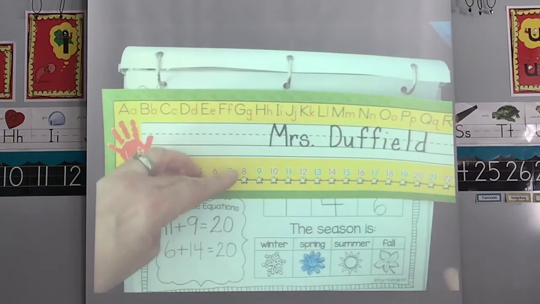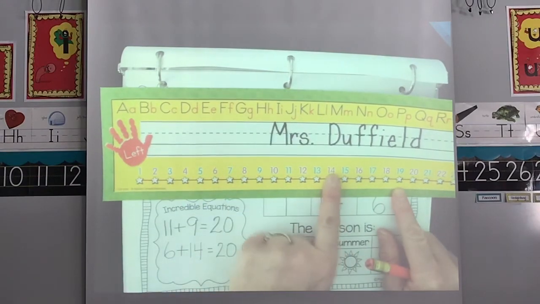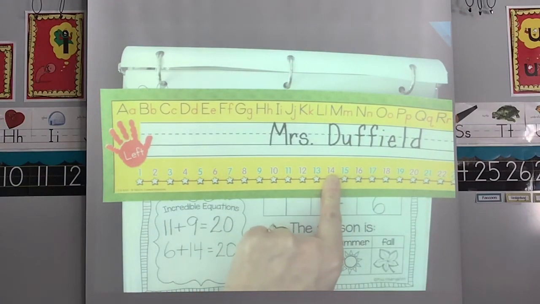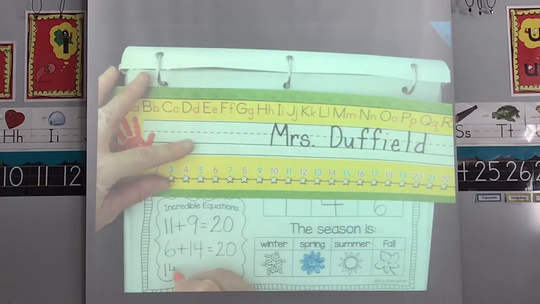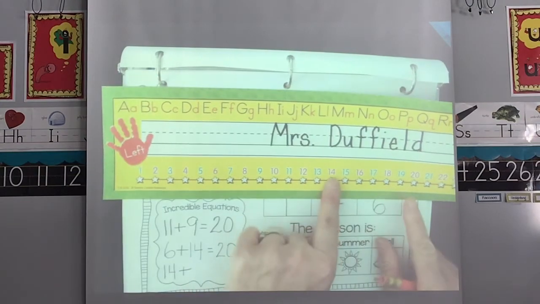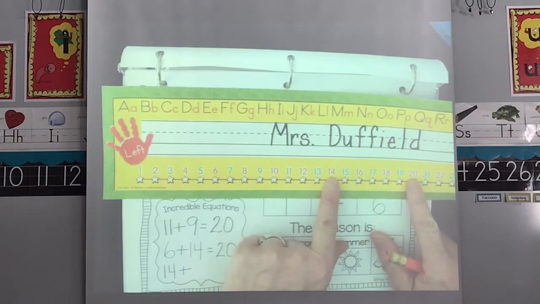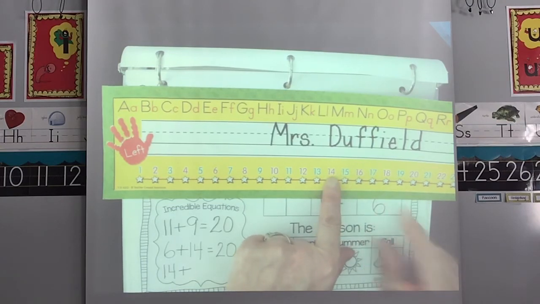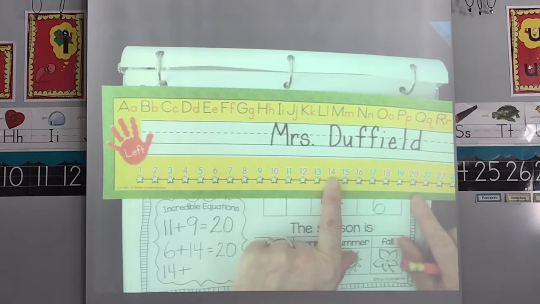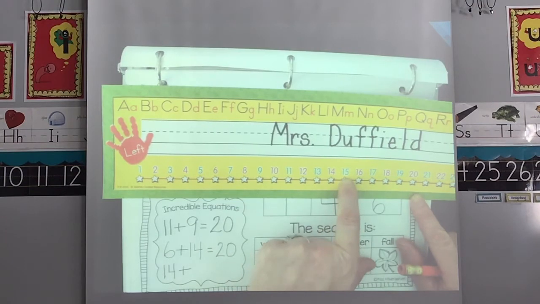Okay, I'm going to start with a bigger number. I'm going to start with 14. My first number, so I'm going to write 14. 14 plus, okay, how many more do I need to make it up to 20? And again, I am not going to count the star I'm on. So that means my 1 is going to be the next star up here, 1.